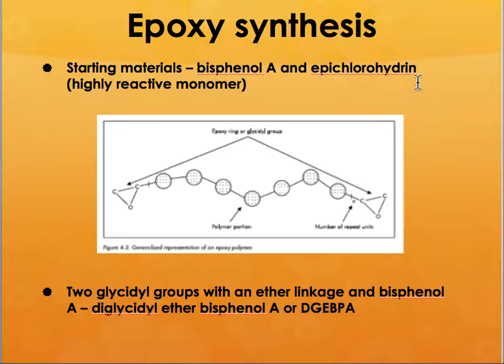So you are starting with what is called bisphenol A and epichlorohydrin, which is a highly reactive monomer. So you have an ether linkage and bisphenol A. Depending upon that, you get different combinations.